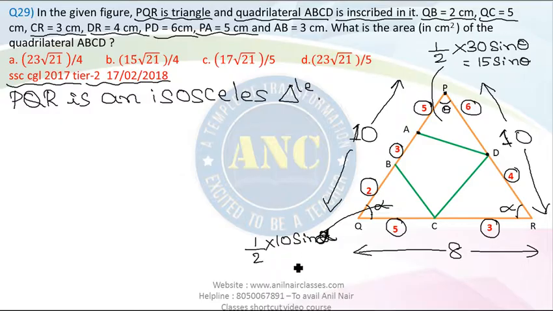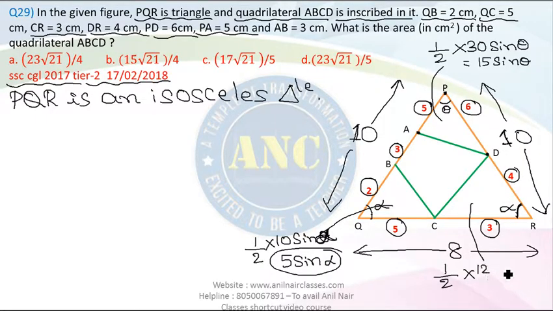That means the area of this triangle is 5 sine alpha. And the last triangle, if I write it here, is half into, if I name this as alpha, the opposite side of alpha is CD, forget about it, the other two sides are 3 and 4.